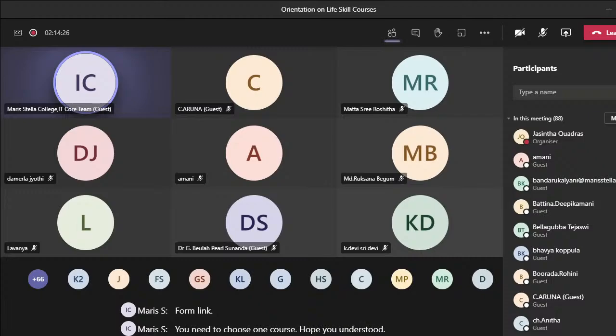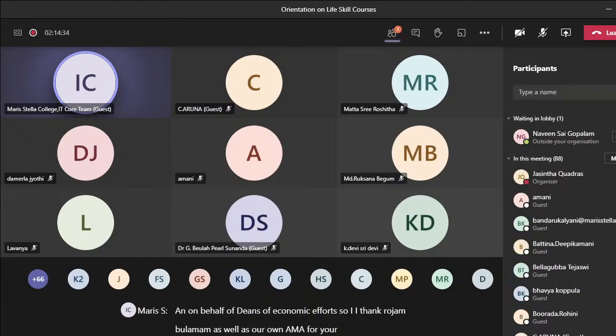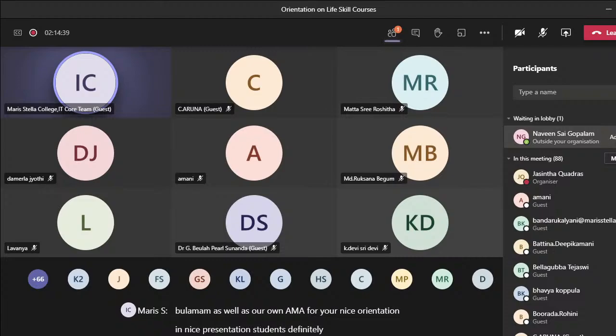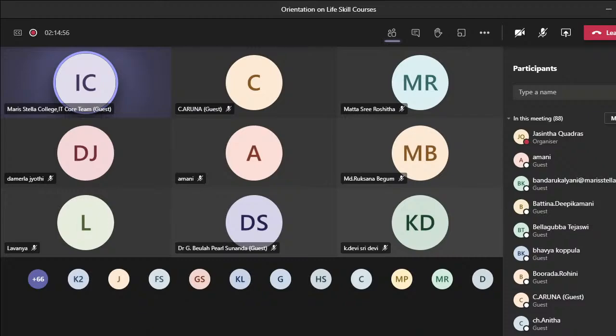And on behalf of Deans of Academic Affairs, I thank Roja ma'am, Beulah ma'am, as well as Aruna ma'am for your nice orientation and nice presentation. Students, definitely opt for one among these 3 courses after listening to them. According to your interest, you have to choose one. So don't bother about your group and your courses or your papers.